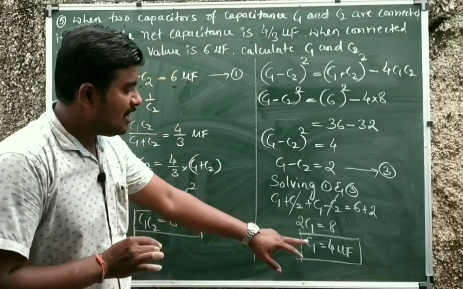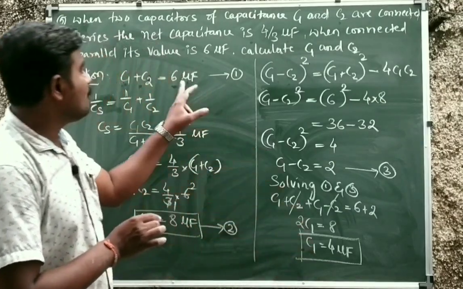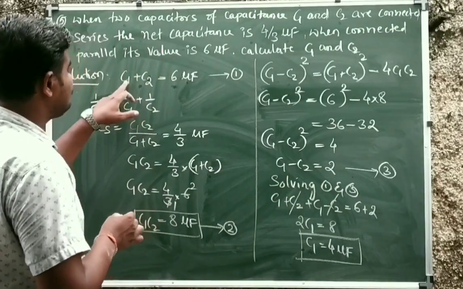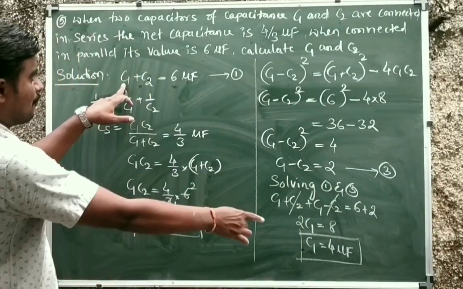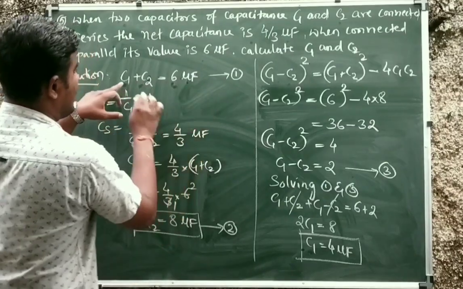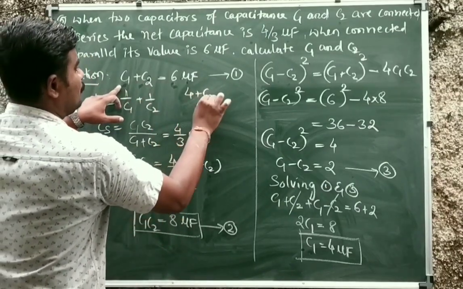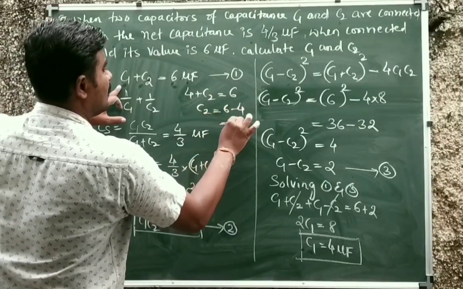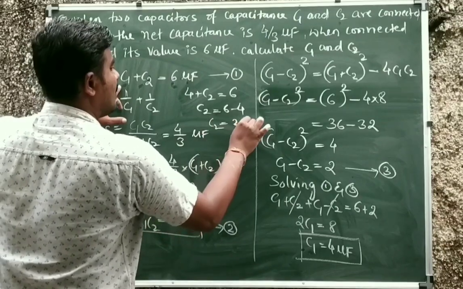Similarly, if I substitute the value of C1 in equation 1 or equation 3, I am going to get the value of C2. See here, C1 is 4. So 4 + C2 is equal to 6. C2 is equal to 6 minus 4, so it is 2 microfarad.